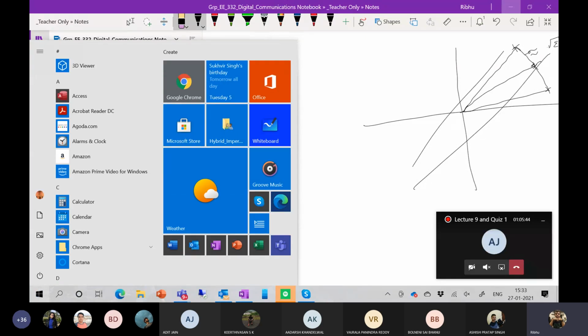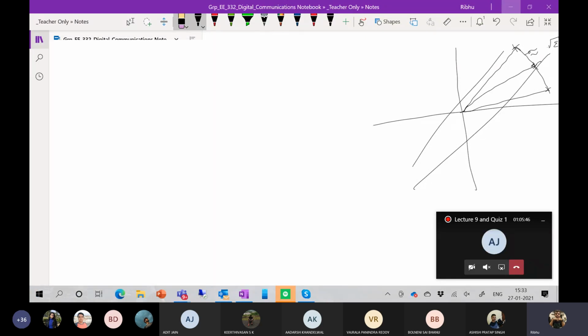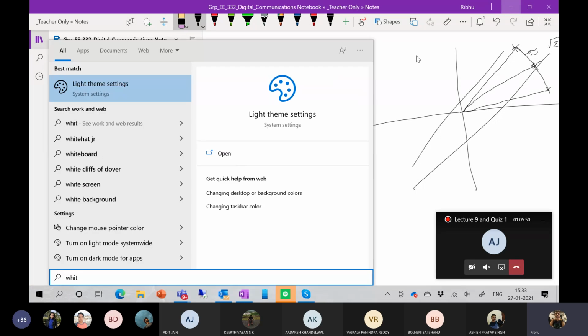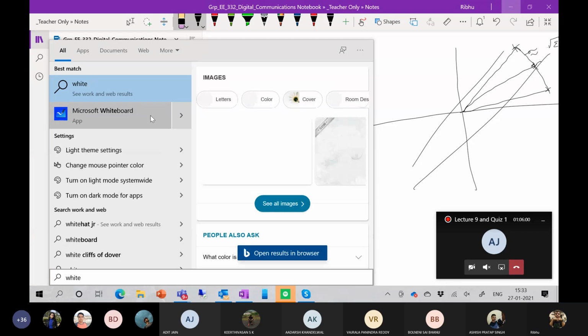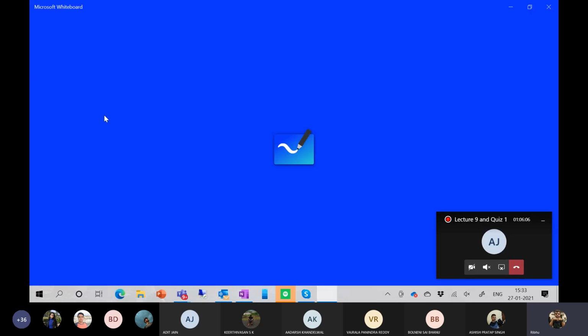Then we can figure out another way of sharing these notes, because OneNote is becoming too buggy. Why would someone search Microsoft Whiteboard? Search White Hat Junior from my laptop. Anyway.